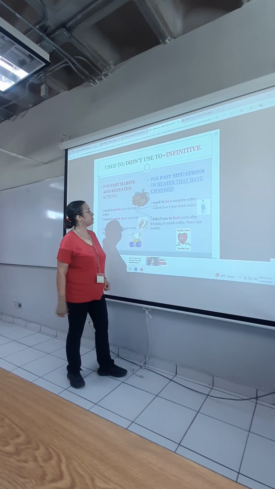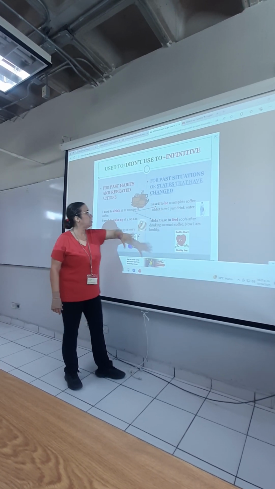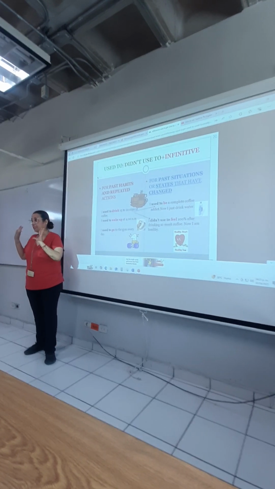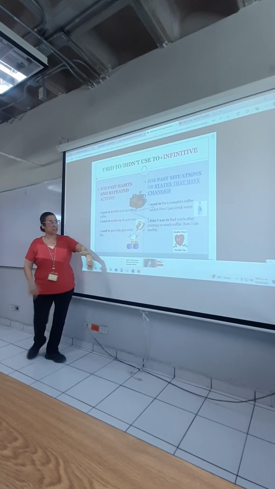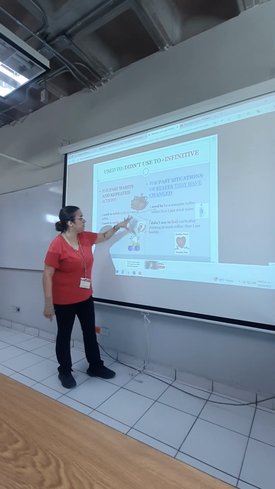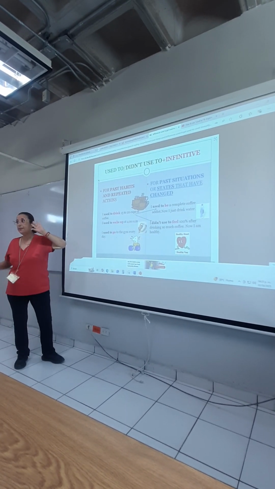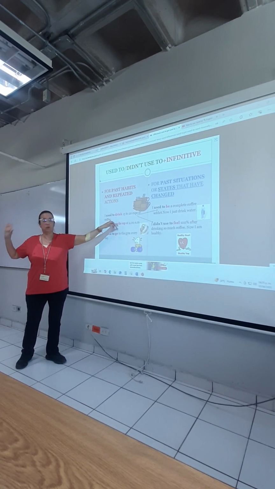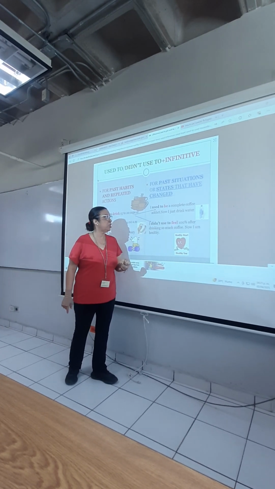So, for past situations or states that have changed. In the past, we had a habit, but we stopped doing that. In the present, we changed that habit. Here's an example about drinking a lot of cups of coffee a day. The person used to drink all these cups of coffee in the past, but in the present, the person just drinks water.